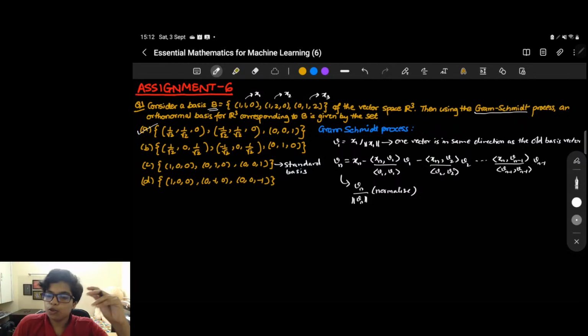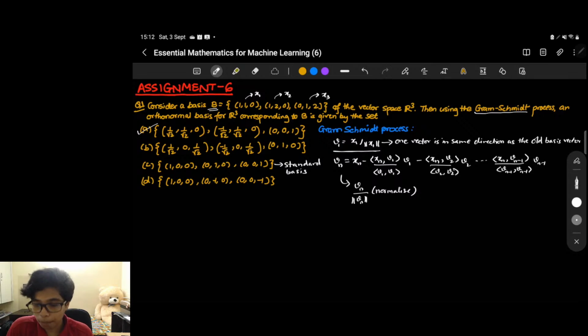So you have an old basis vector, and then you will have the new basis vector formed by the Gram-Schmidt process. And one of these vectors from each of these sets would be exactly in the same direction, because that's how we start with the Gram-Schmidt process.